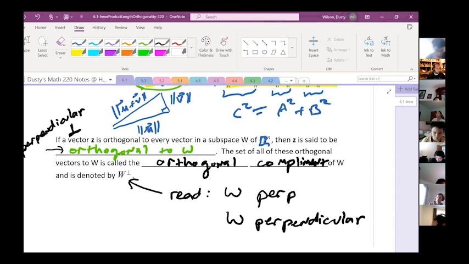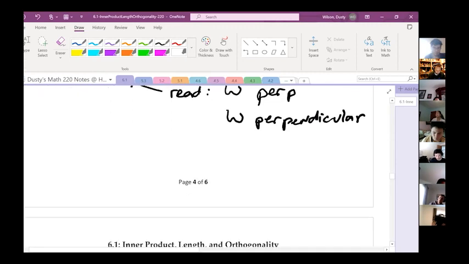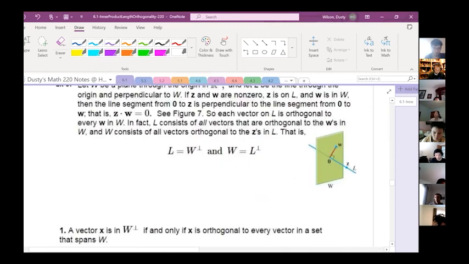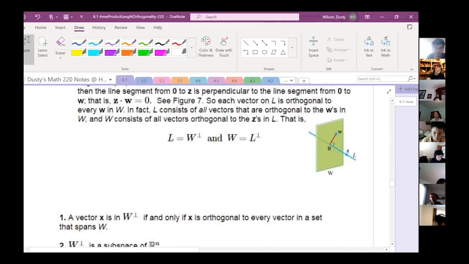Let me end by just showing you pictures, and then we'll come back to this tomorrow. So when we talk about W perp, we're saying that you have a space like this. This would be your W. And then W perp would be all the stuff that's perpendicular to that space.